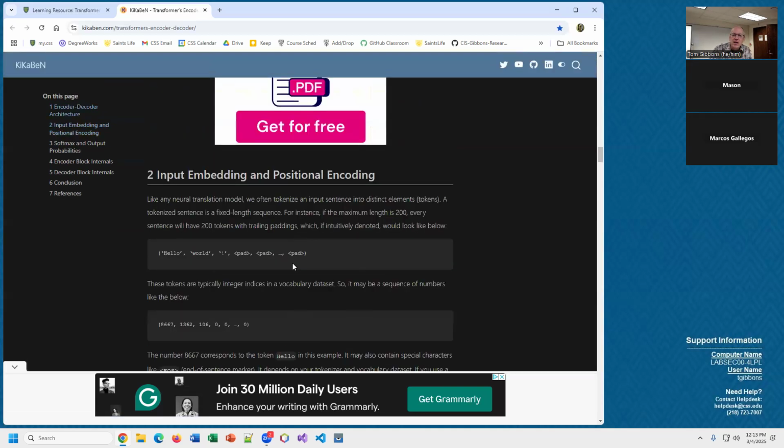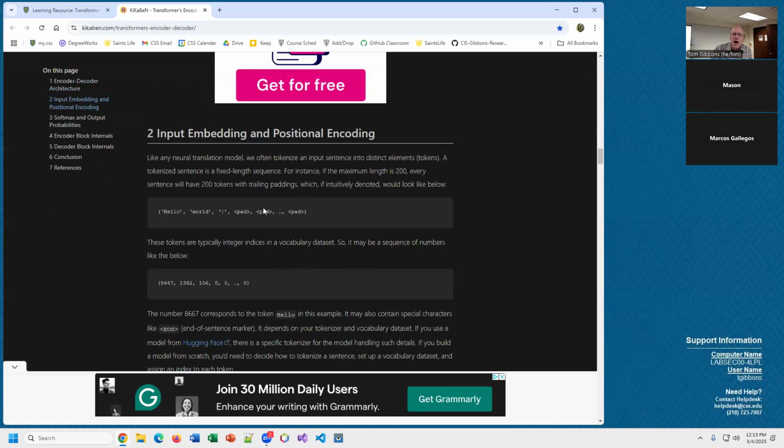We're going to want to talk about some things: embeddings or tokenizing, and positional encoding. So the first thing is embeddings. We want to take words and convert those into numbers, and we use what are called tokens.